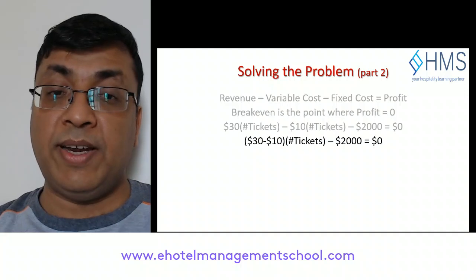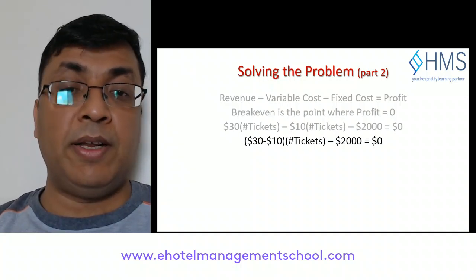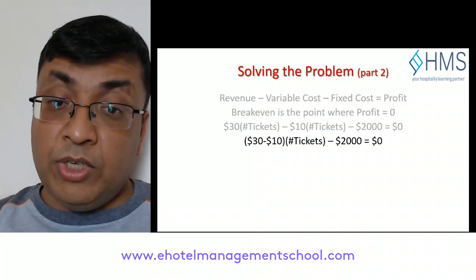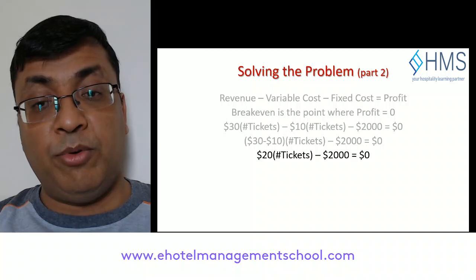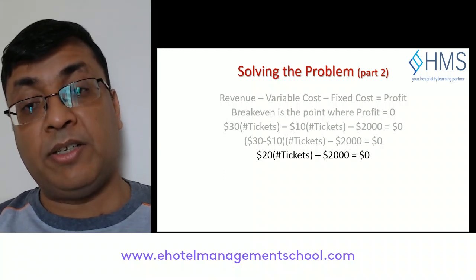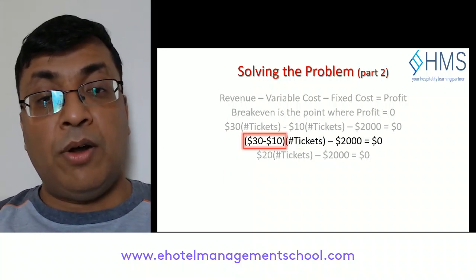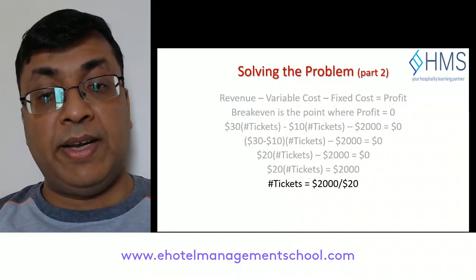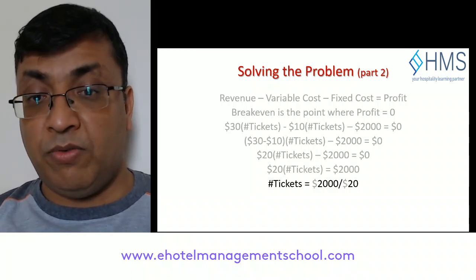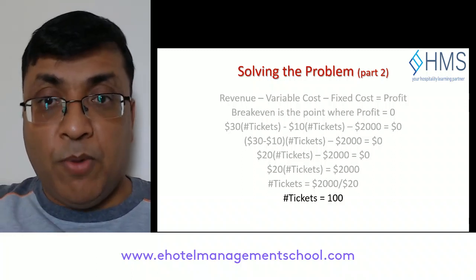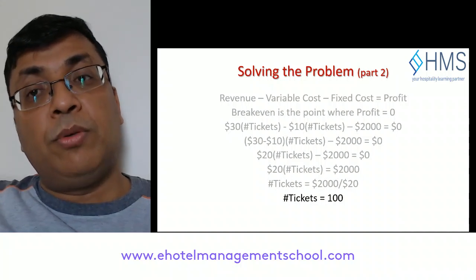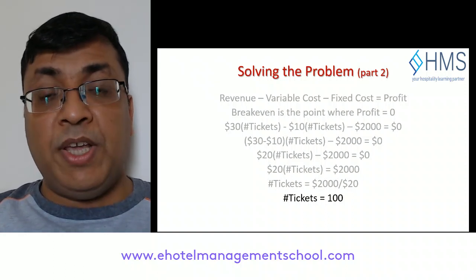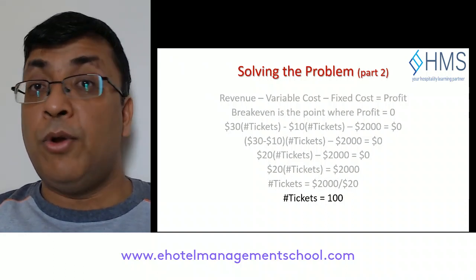If you rearrange this, it becomes (30 minus 10) times tickets minus 2000 equals 0, which can also be written as contribution margin, $20, times tickets minus 2000 equals 0. Or you can say that tickets equal the 2000 fixed cost divided by 20, where the break even point comes to 100. So it means that we should sell 100 covers to be able to make no profit and no loss.